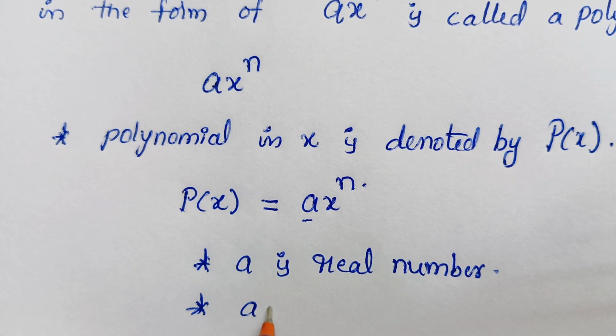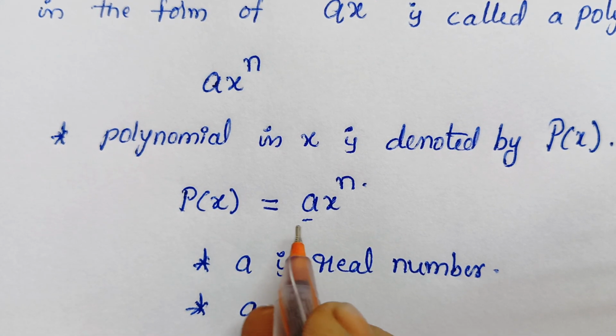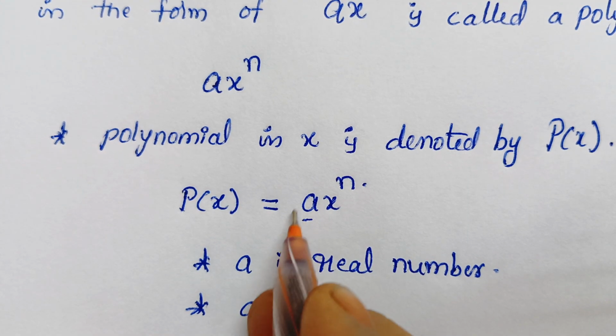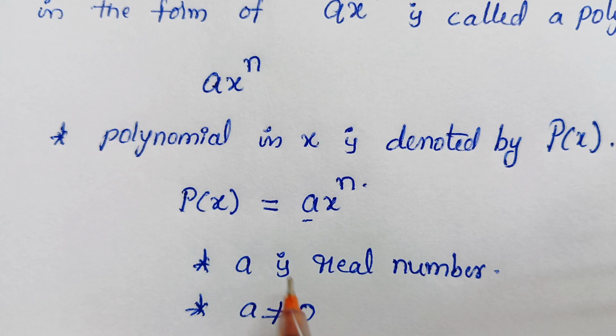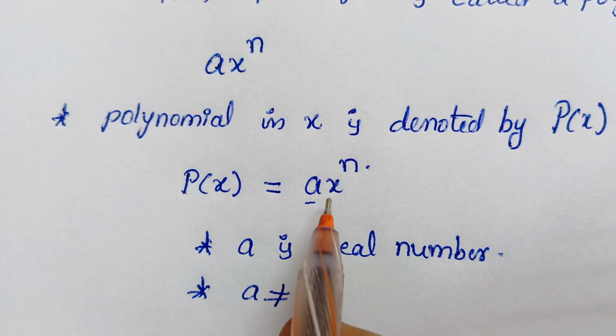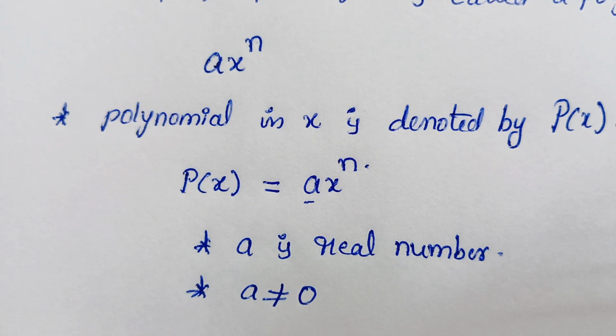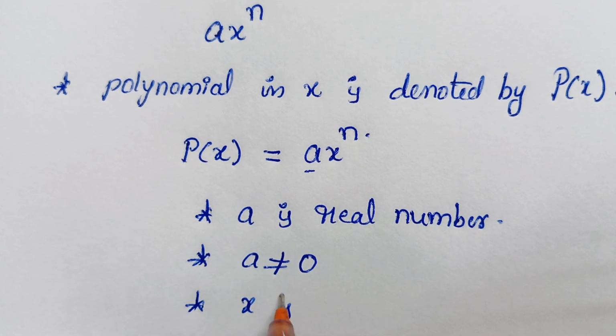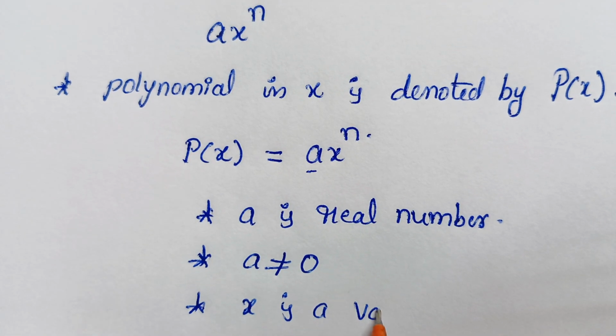That is the main point: the coefficient of x power n is not equal to 0. And x is a variable.